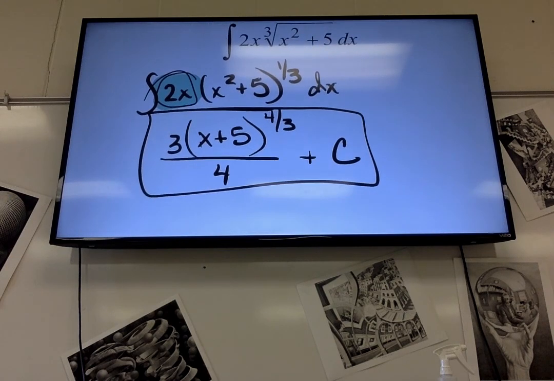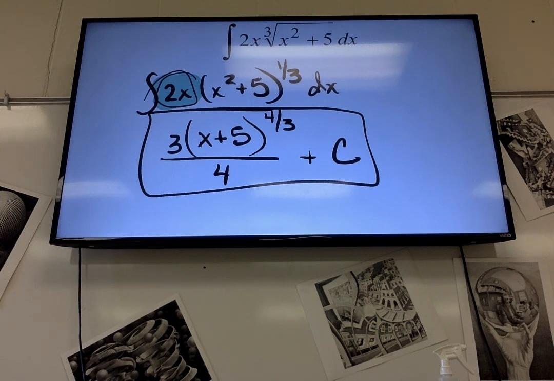Yep. So why do we still have the 5? Because it's in the parentheses. That's true. Why not the x squared?